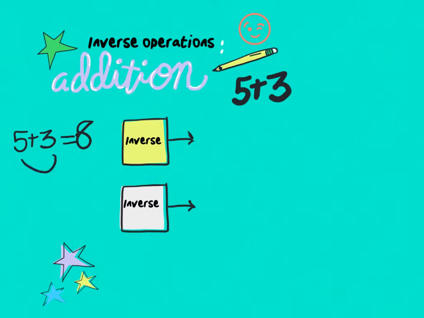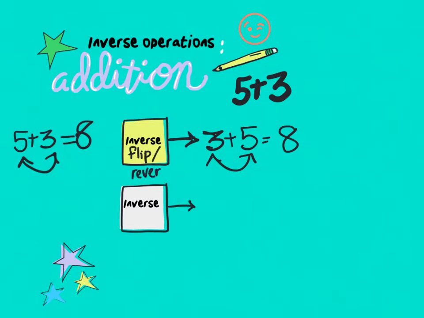So if I flipped these numbers over here, so let's say now I'm going to inverse, I'm going to do 3 plus 5, that equals 8 also. So inverse means I can flip or reverse the numbers and still get the same answer.